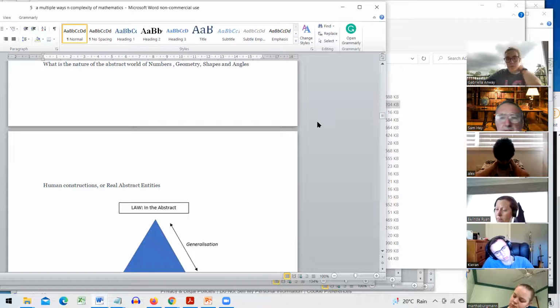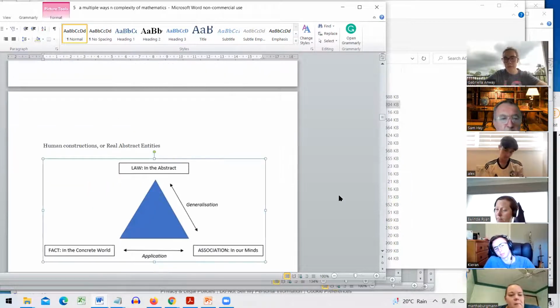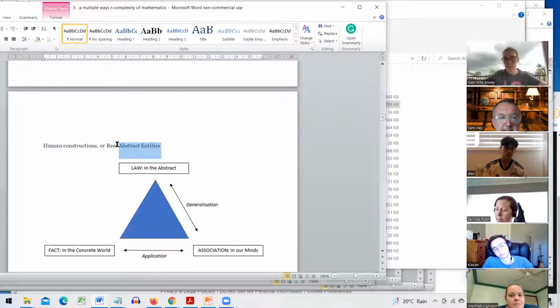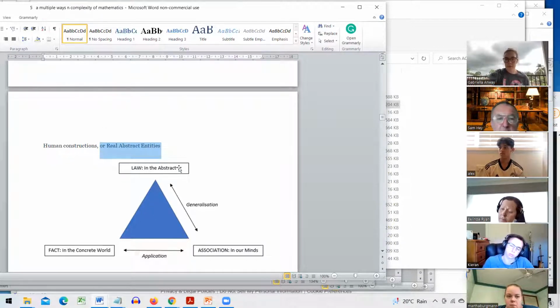So we see that there appear to be laws out there which are abstract entities, and we've said that just like Shakespeare's ideas in his mind, there appear to be real mathematical concepts that are out there in the real world in which God lives, and that we often call these unseen and abstract.